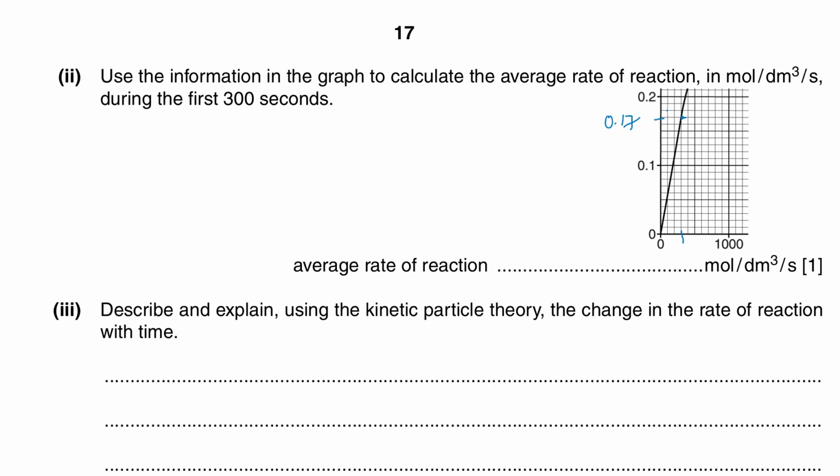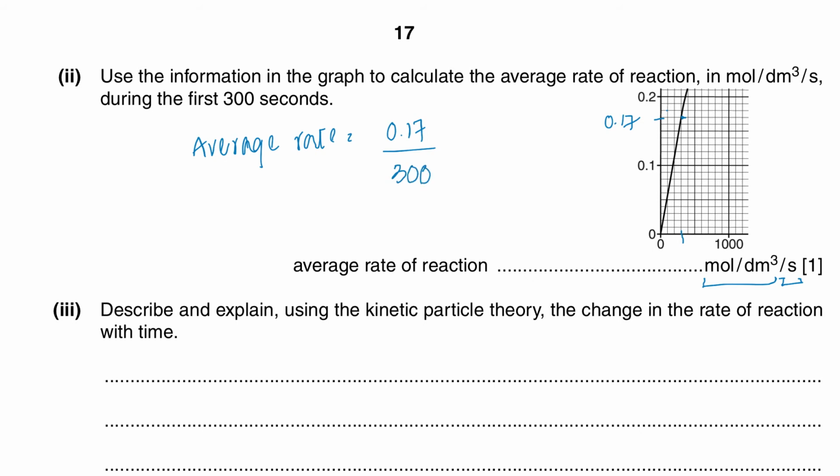So the average rate is just concentration over time. So the average rate is 0.17 moles per decimeter cube per 300 seconds.